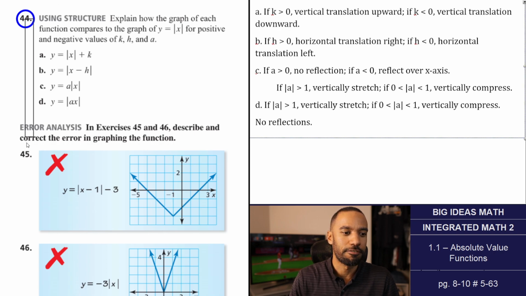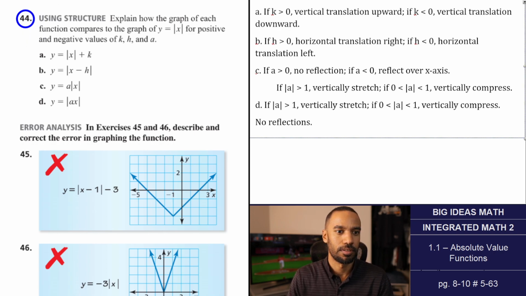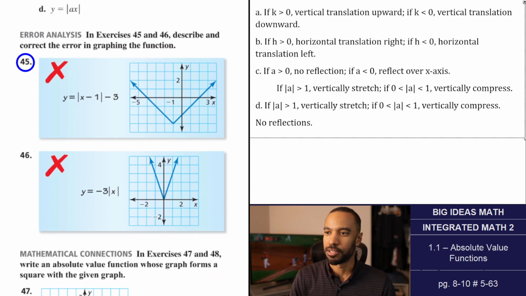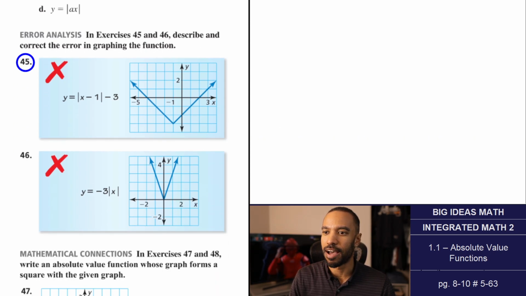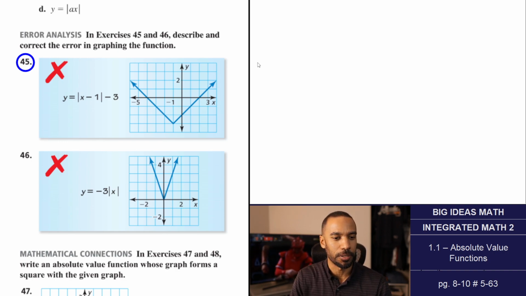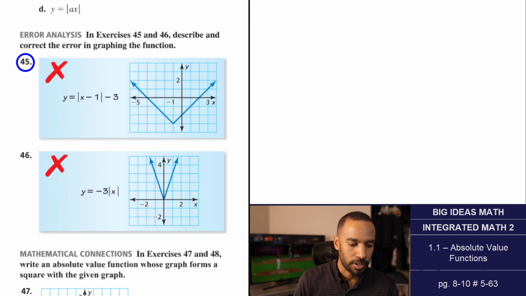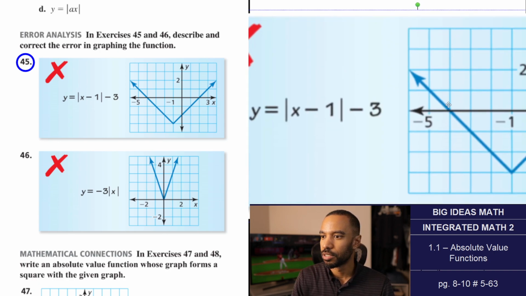All right, number 45. Error analysis. In exercises 45 and 46, describe and correct the error in graphing the function. I'm going to copy and paste that picture.